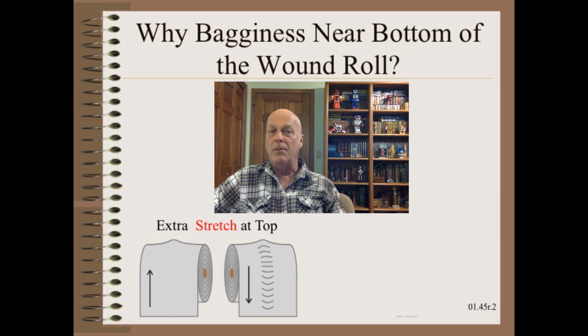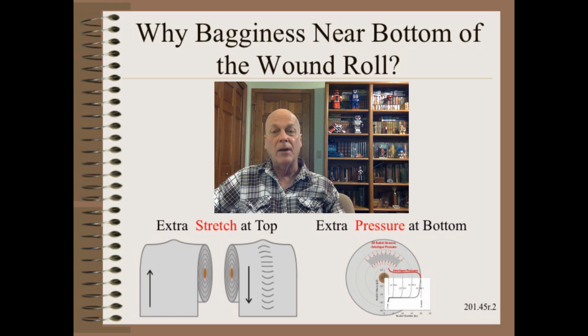What requires a bunch more background is the pressure distributions and combined stress. From my 2-day advanced winding school, or my winding book, you can see that while the stretching is worst at the top of the roll, the pressure is worst at the bottom.